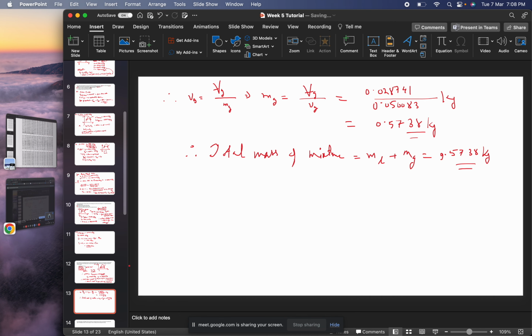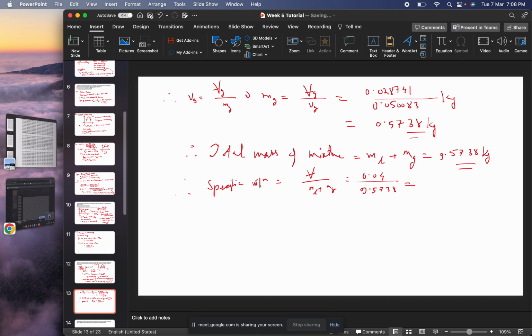Now what is the specific volume then? Therefore specific volume is what? We know the total volume divided by total mass. Total volume was 0.04 and your total mass is 9.5738.